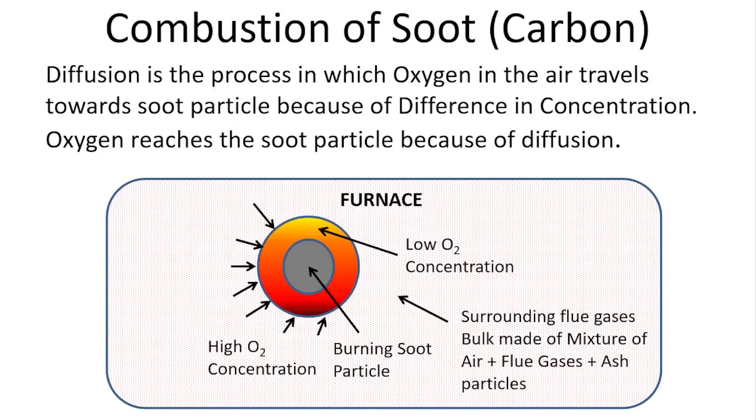Now, how the soot or carbon is getting burnt. Diffusion is the process in which oxygen in the air travels towards the soot particle because of a difference in concentration. In the figure you see there is a high O2 concentration outside, and just near the soot particle you have a low O2 concentration, in the furnace.